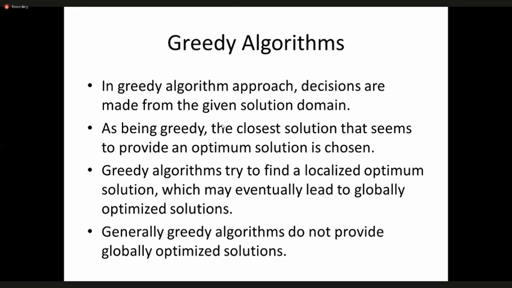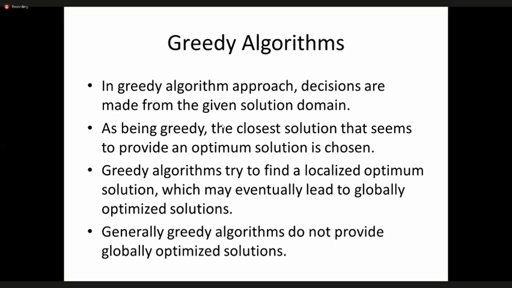Then this is an approach of algorithm. In this approach, the decisions are made from the given solution domain. Because this is greedy, the closest solution which seems to provide an optimum solution is chosen in this algorithmic method.